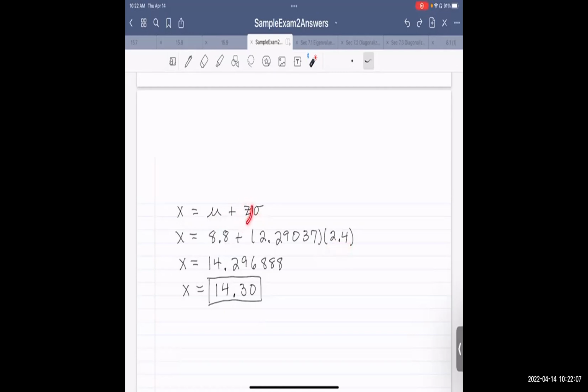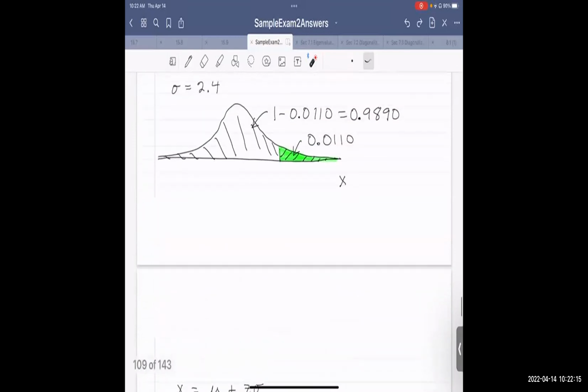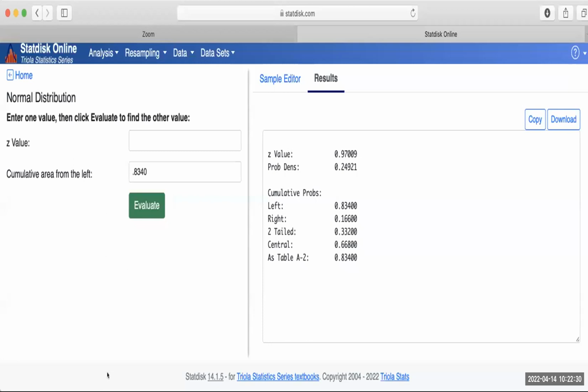Then I'll have to look at StatDisk online and look for what my critical value is. And so let me subtract 1 minus 0.0110. I have to do that on a piece of paper, and I get 0.9890.